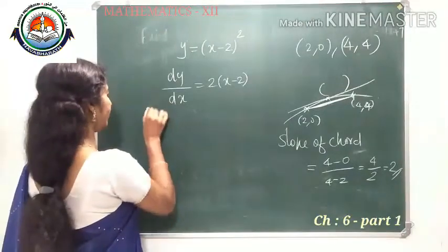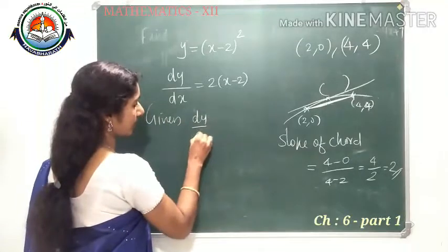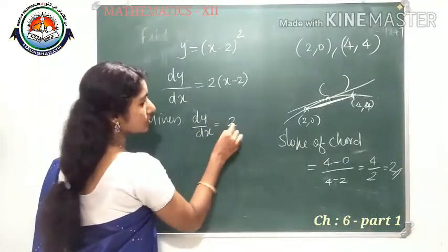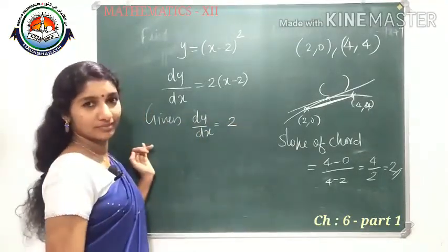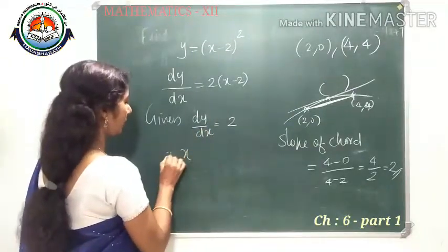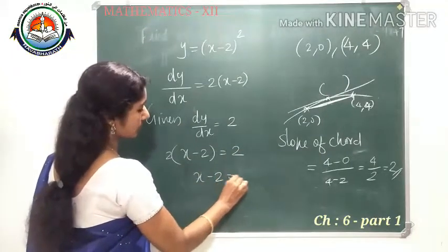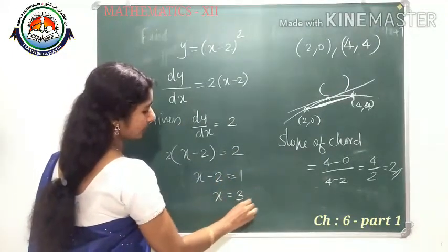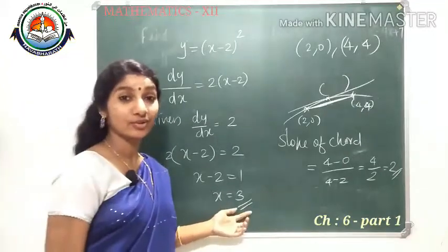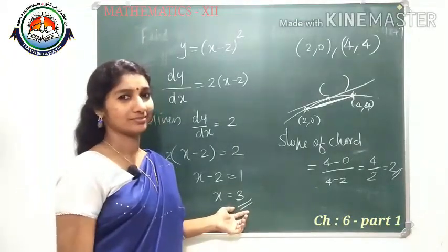Here it is given that the slope of the tangent, that is dy by dx, is equal to the slope of the chord, that is 2. So dy by dx equal to 2, so we can write 2 into (x minus 2) equal to 2. So x minus 2 is equal to 1, x equal to 3. So at x equal to 3, the slope of the tangent is 2.